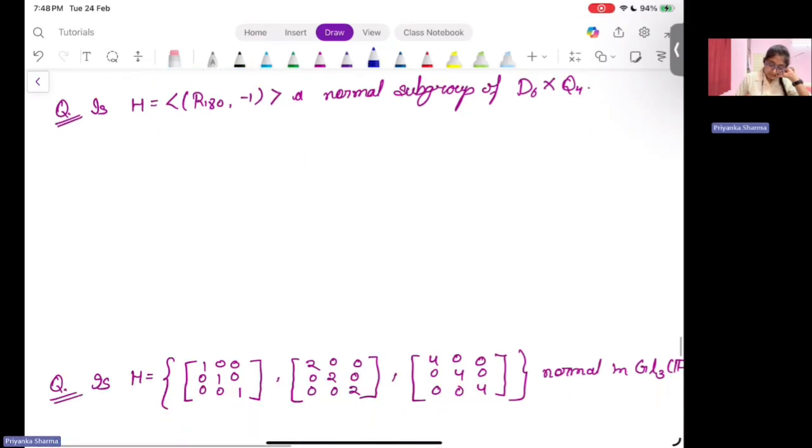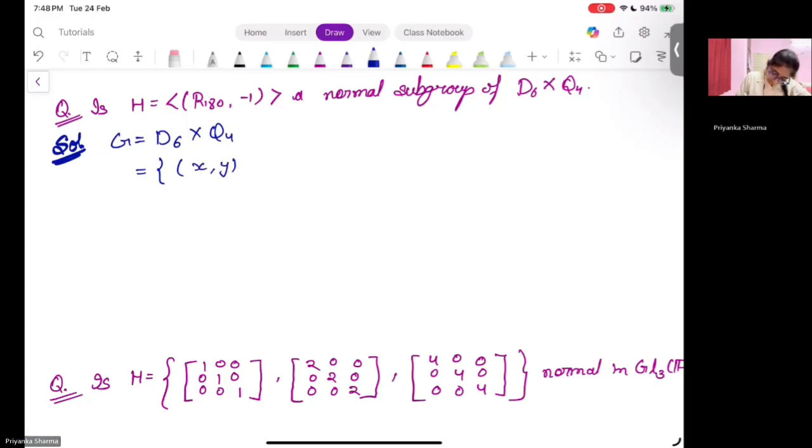Now come to this. What is the group G? G is D6 cross Q4, that is the direct product of D6 and Q4. It means it will have elements of the form (X, Y), where X belongs to D6.